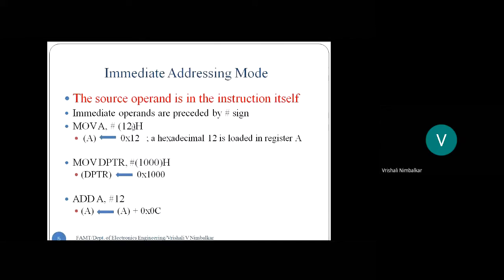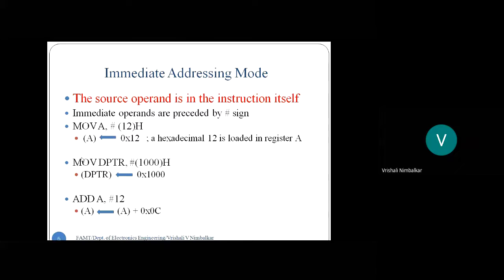Either put the letter H after it for hexadecimal, or write 0x12. That's also hexadecimal. So the hexadecimal data is in the instruction itself. Pick and copy it into the accumulator. Immediate addressing.